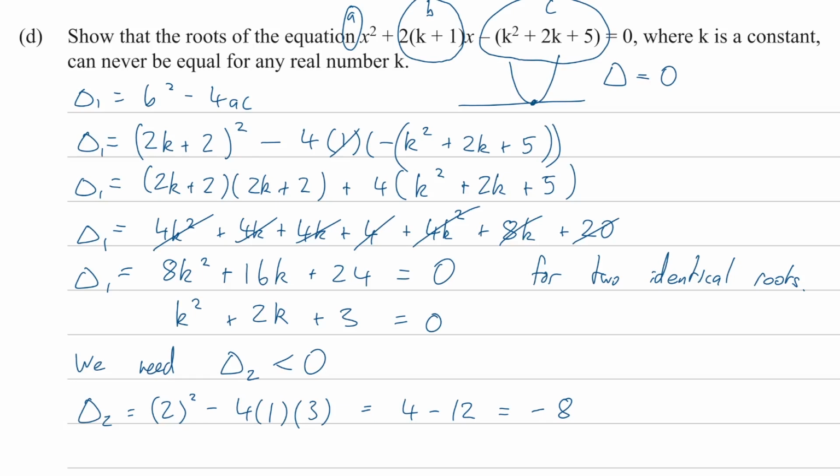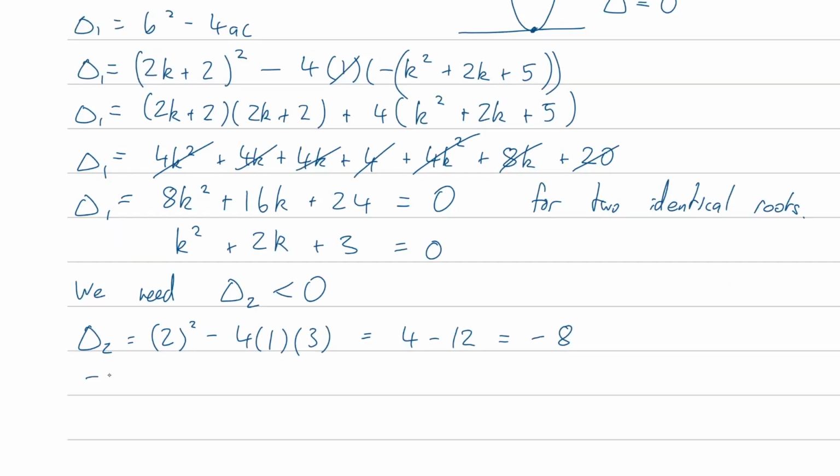So we've shown discriminant 2, which is minus 8, is less than 0. Therefore, discriminant 1, this one here, has no real solutions.